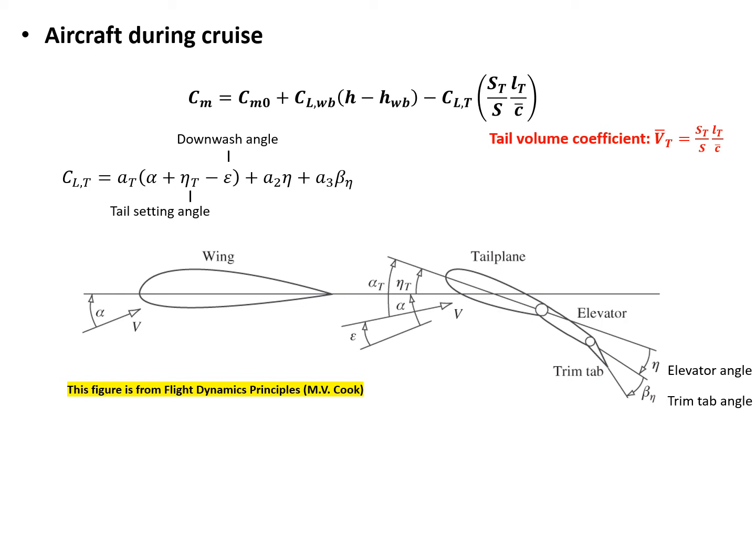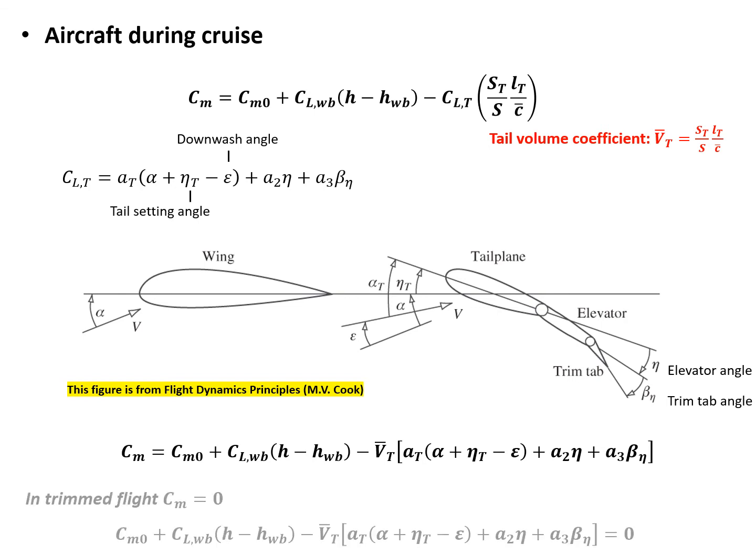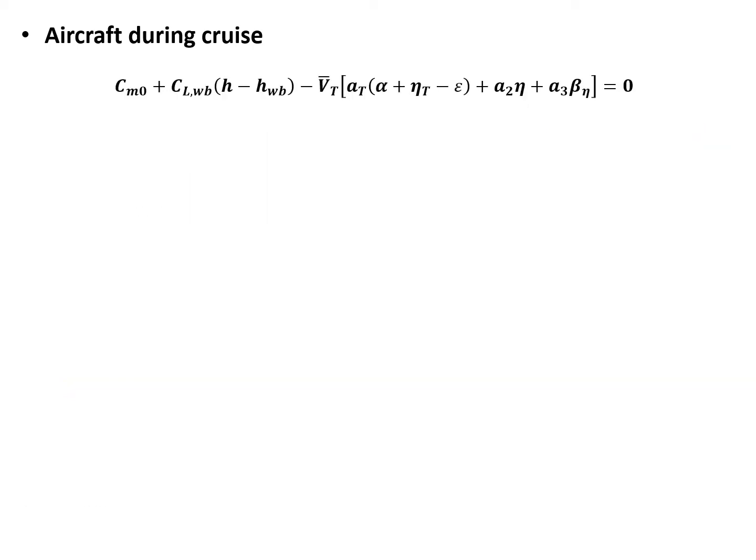We just plug in CLT, and then we have this non-dimensional pitching moment equation. In trimmed flight, the total pitching moment equals 0. So the left-hand side becomes 0, and we can rewrite the pitching moment coefficient equation with 0 on the left. Let's continue from this non-dimensional pitching moment equation.